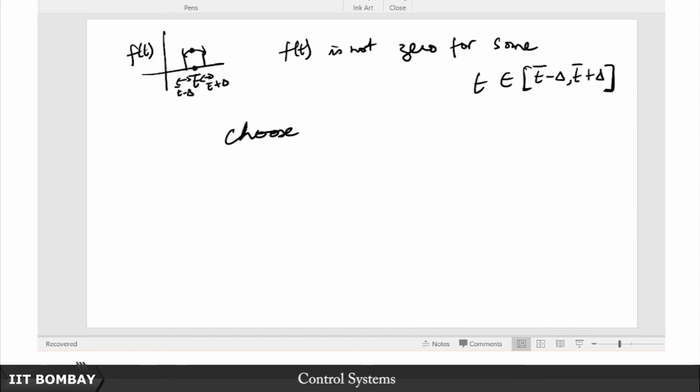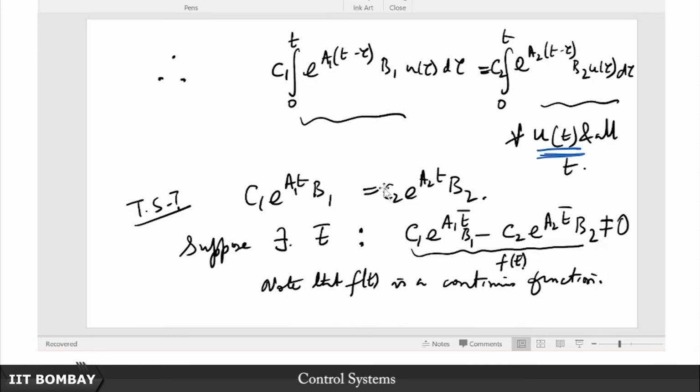so suppose now I choose u(t) is equal to exactly this function, right.